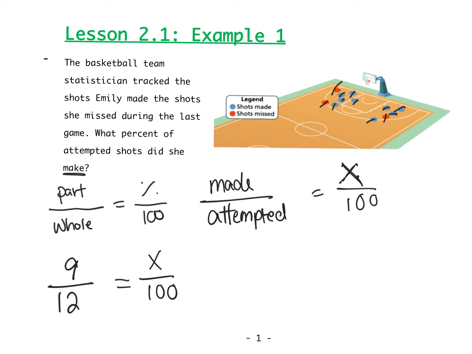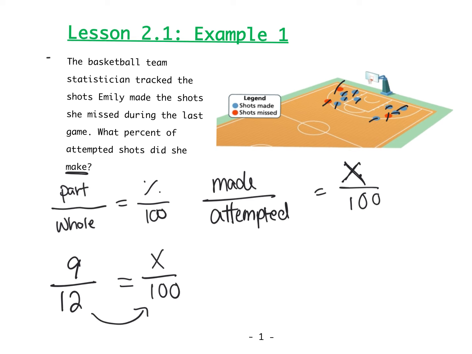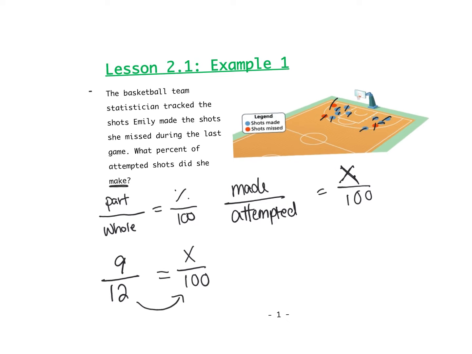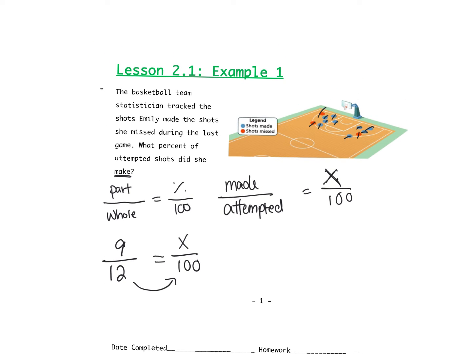So we need to figure out, how did we get from 12 to 100? It's the same way we're going to get from 9 to X, our percent. If you put this into your calculator, 100 divided by 12 is how we're going to solve that.